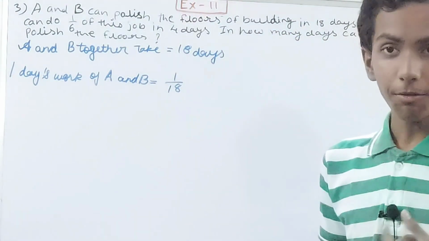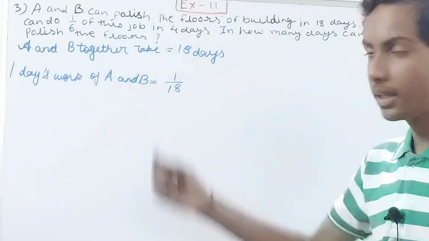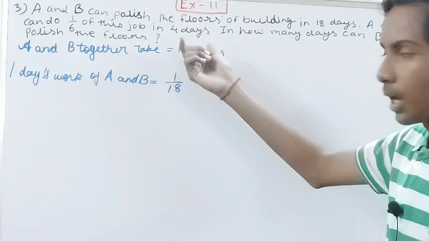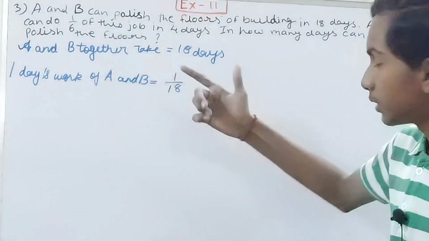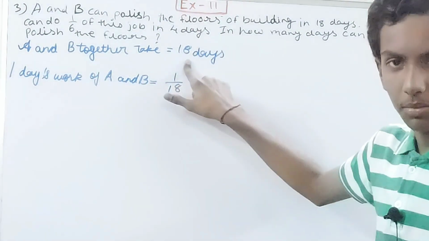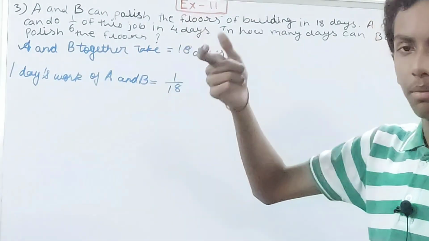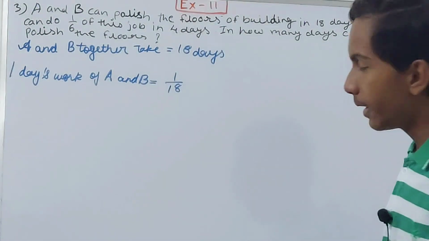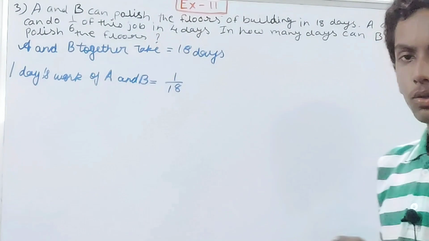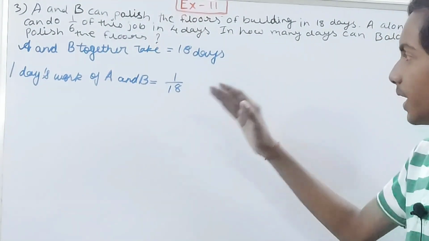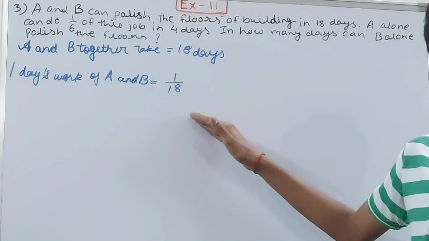Whenever you have to calculate 1 day's work, just reciprocate the total number of days. So 18 is there, it will become 1 by 18. You do the same thing for all the other things. Now we have 1 day's work of A and B.